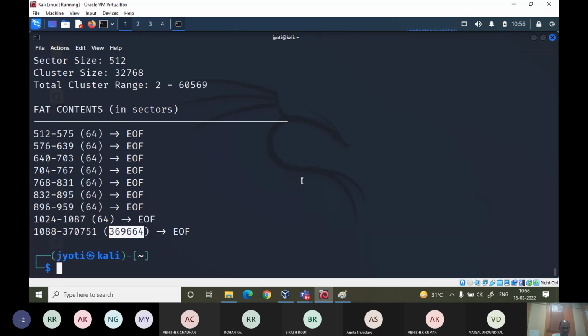Oh, somewhere I'm making a mistake. It was 188 or 181 or 88, let's take 88. How much will it be? 188 into 1024 MB, and again 1024, so this much divided by 512, this much divided by 64. No, I'm making a mistake somewhere.